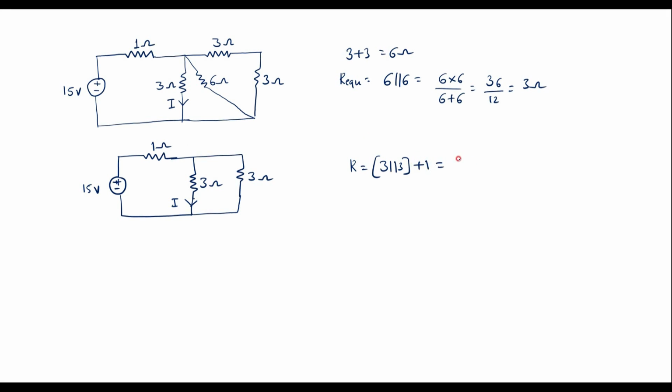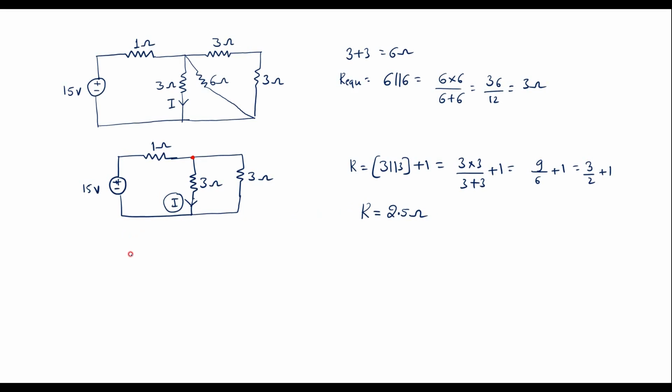So its value will be 3 into 3 divided by 3 plus 3, plus 1. So we have 9 by 6 plus 1, which is nothing but 3 by 2 plus 1. Solving this, 3 by 2 is 1.5 plus 1. So we get total R is equal to 2.5 ohms.